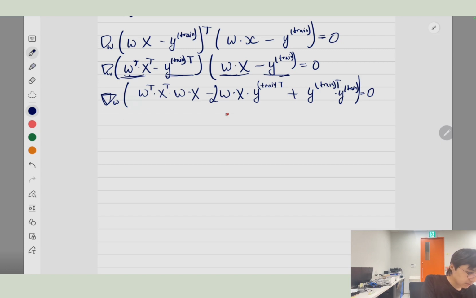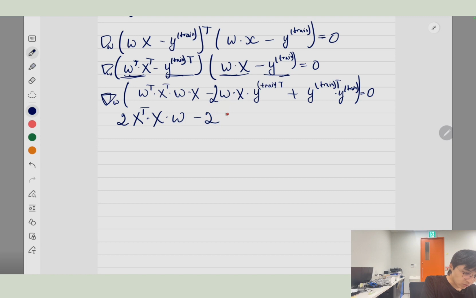Here you can see 2w, so w squared. From that we will receive the constant 2, and we will receive x transpose as it is and x as it is, and just one weight. Then there will be -2.